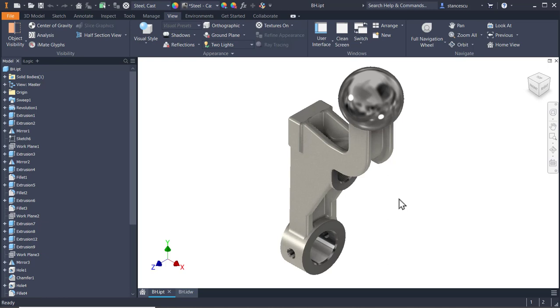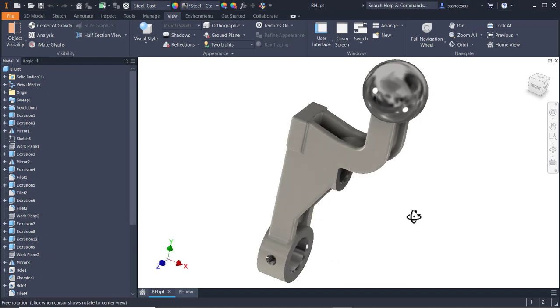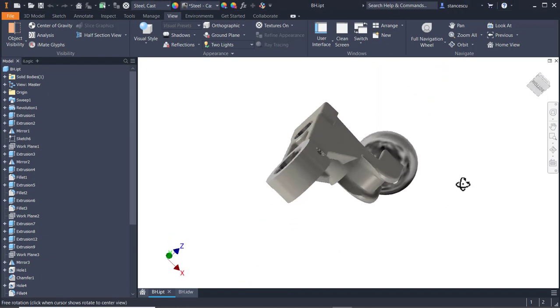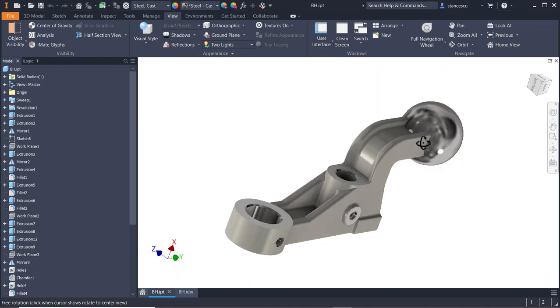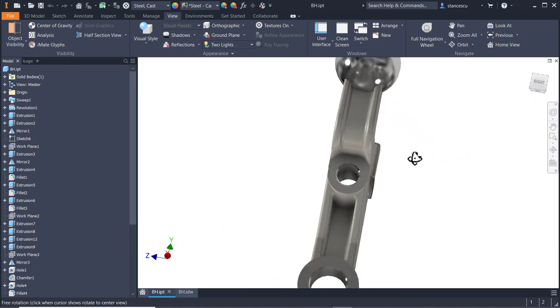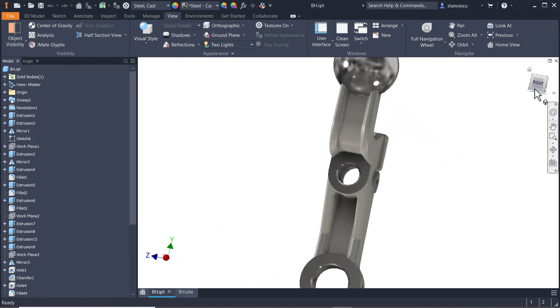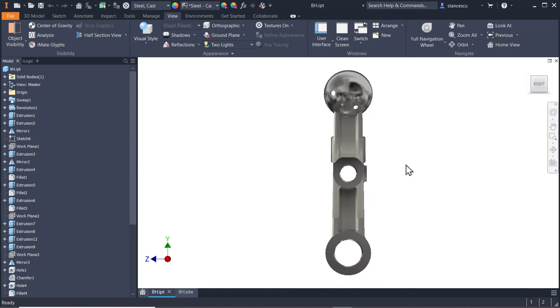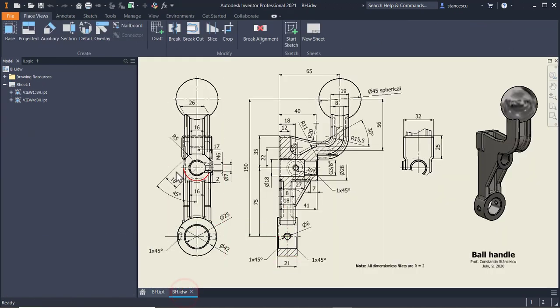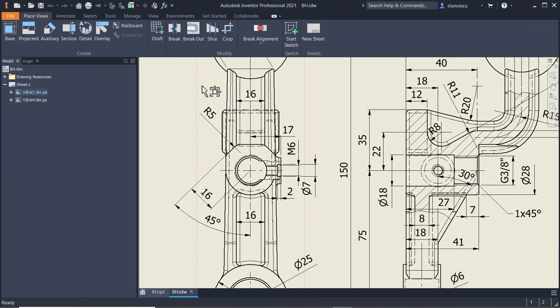Hi my friends, today we model this part, a ball handle, which is apparently not complicated. But if you take a look at the drawing, you see that the sides are not parallel.